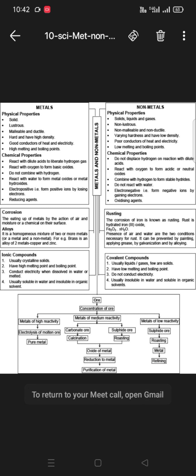There are various methods of extracting the metal from the ores, and then the chapter ends. We are going to study metals, non-metals, corrosion, rusting, ionic compounds, covalent compounds, and also what actually is an ore and how the metals are extracted from the ores.